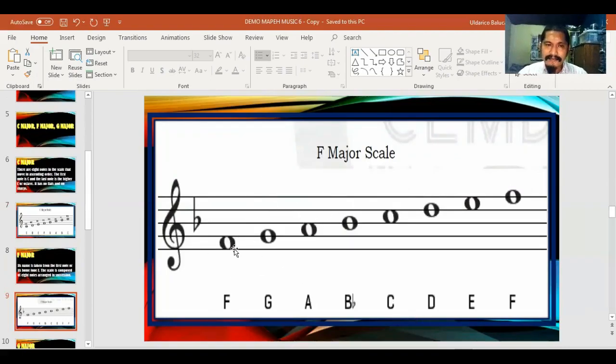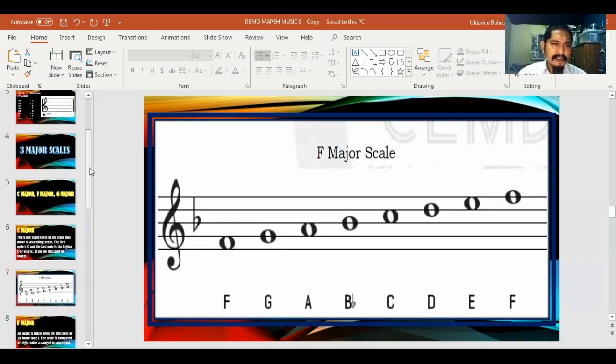The F major, the first note is on the first space, and the first pitch name is F. Nagsisimula siya sa F. And why is the note located at the first space?